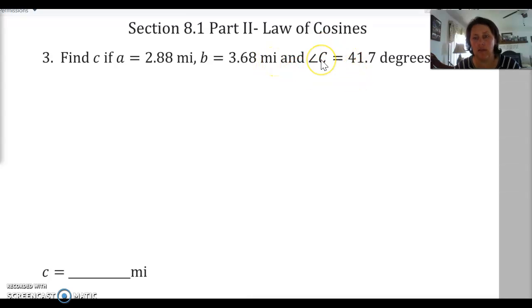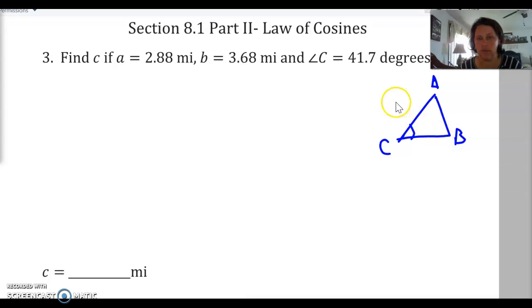However, if we looked at our triangle, let's say this is angle C, A, B, so side B would be 3.68, side A would be 2.88. So the information that we are given here is a side angle side. So that is one of the forms that we have to use the law of cosines for.